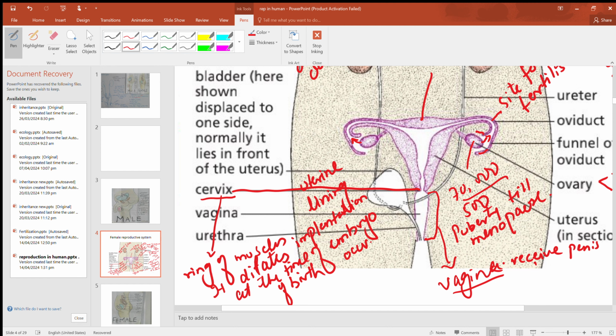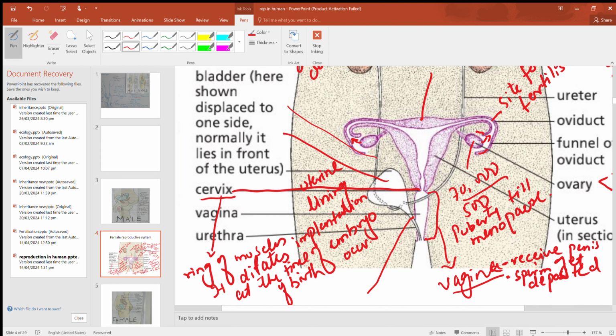And number 2, which is the most important function, if it is a 1-mark question, then you have to write this point only: it is the site for sperm deposition at the time of copulation. Okay, and this structure is, of course, the urinary bladder. This structure is the urethra. This structure is the ureter.